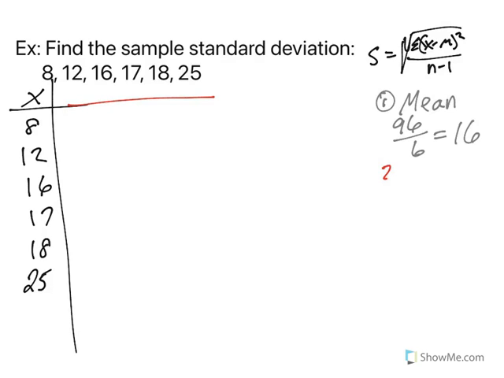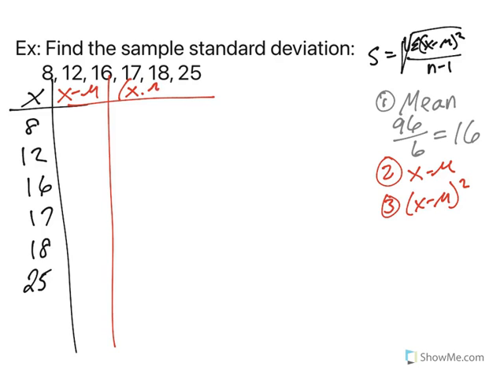When I go to do my x minus mu column, I have nice easy numbers, and I'm also going to do the x minus mu squared column at the same time. I find doing those at the same time is a little quicker. 8 minus 16 gives me negative 8, and negative 8 squared is 64.